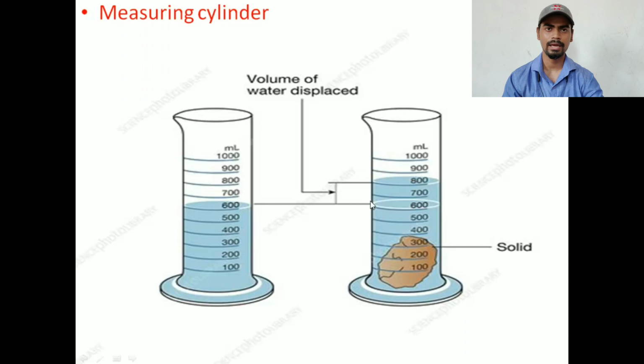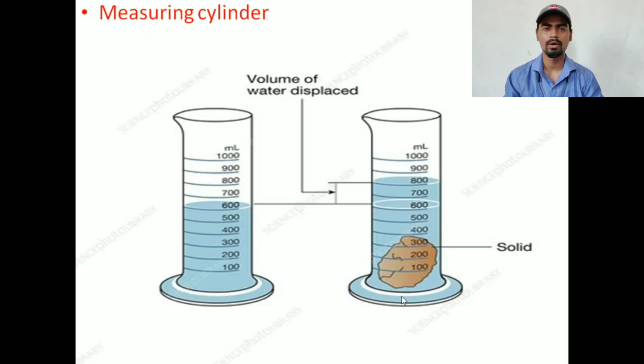So 800 ml minus 600 ml gives you 200 ml. Can we say that the volume of this irregular solid is nothing but 200 ml? No, we cannot say 200 ml.